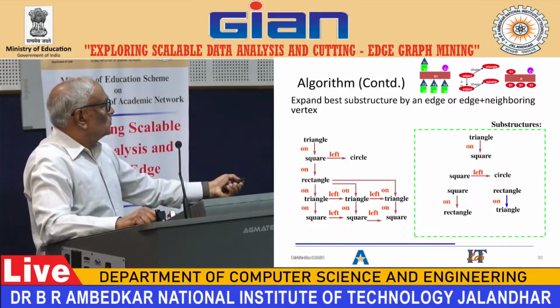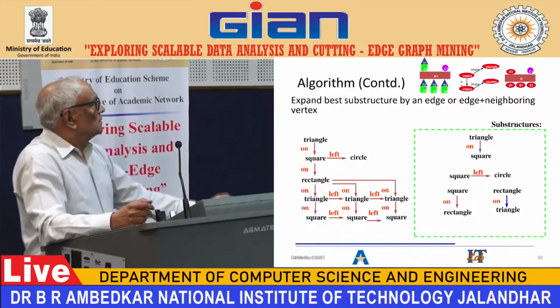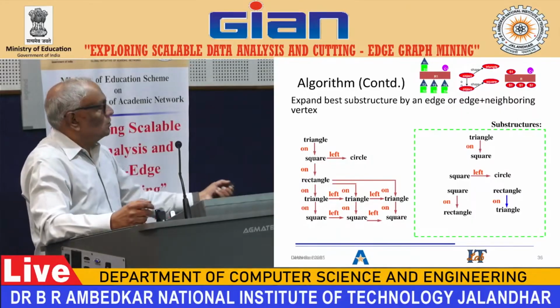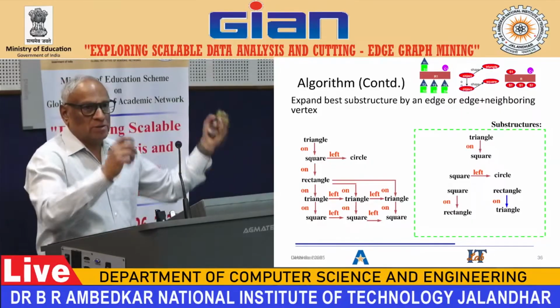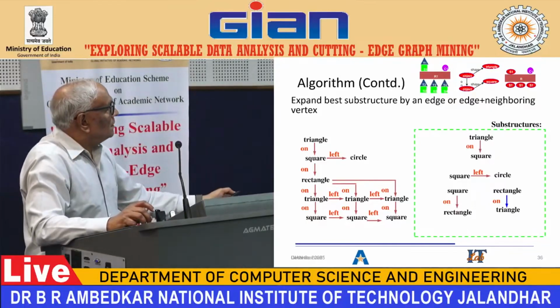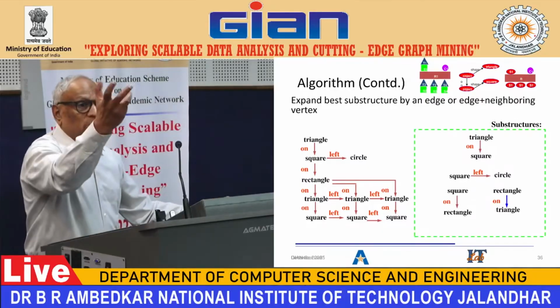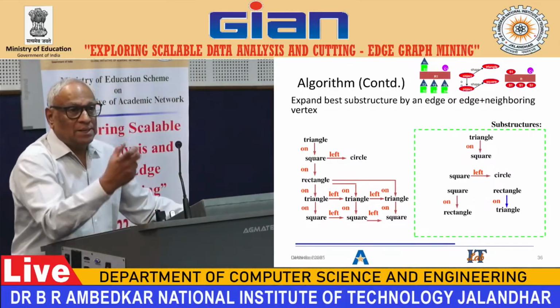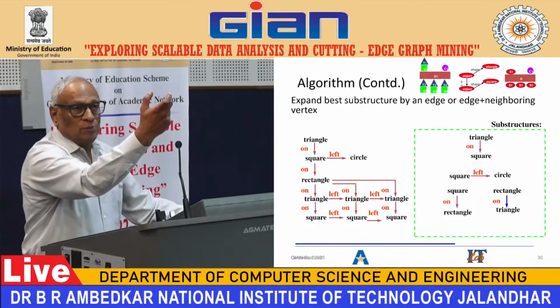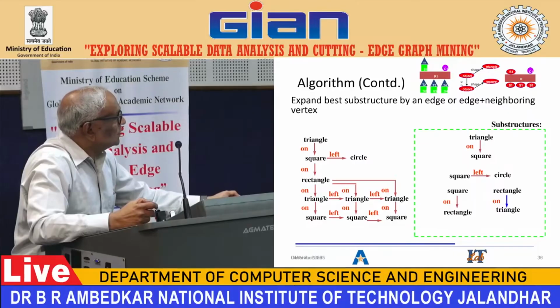There are 1, 2, 3, 4 rectangular blocks. There are 1, 2, 3, 4 rectangular plus triangular blocks. So you can reduce this graph or this structure to this structure by identifying this as a common substructure: a rectangular block on which a triangular block is sitting. And then you can represent this one.